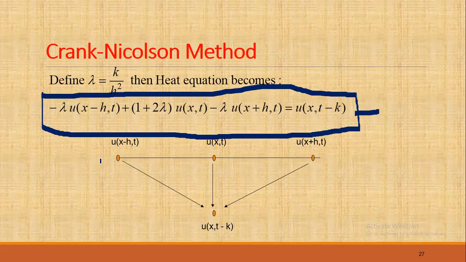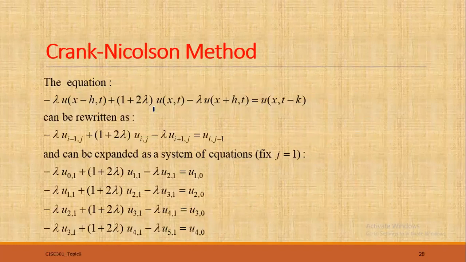So in this Crank-Nicolson method, four points are involved: u(x-h, t), u(x, t), u(x+h, t), and u(x, t-k). The equation can be written with x minus h as i minus 1, j; u(x, t) as u_ij; x plus h as i plus 1, j; and u(x, t-k) as i, j minus 1.